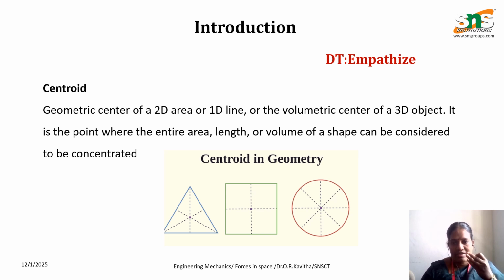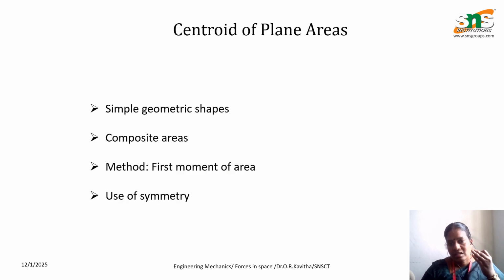Similarly for a square, and likewise for the circle. It is a point where the entire area, length or volume can be considered to be concentrated. If it is a 2D figure, we consider the area. If it is 1D, we consider the length, and if it is a 3D figure, we consider the volume.